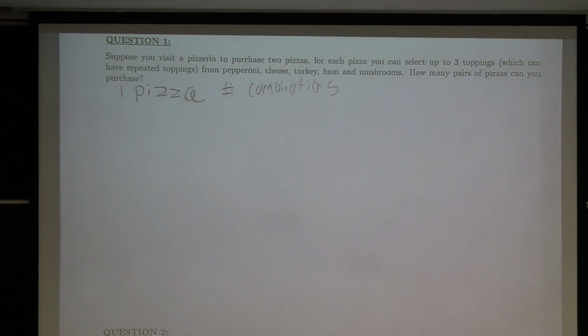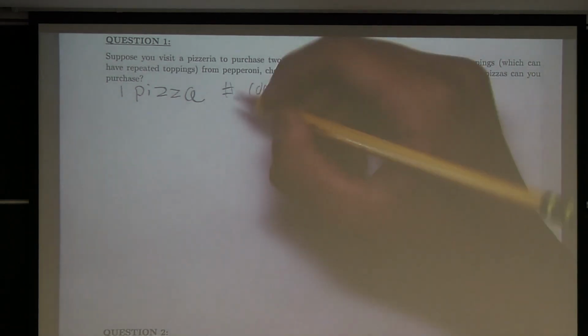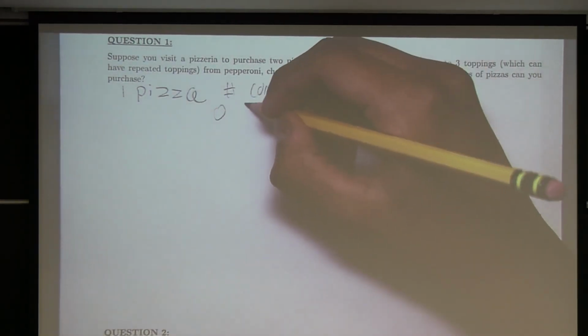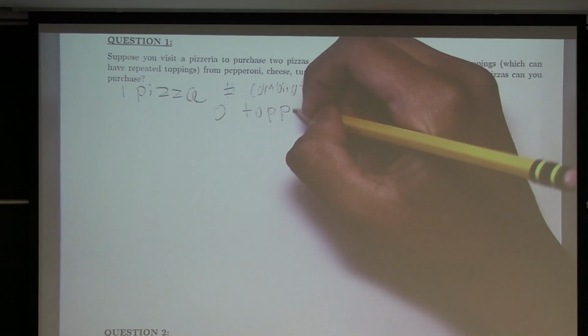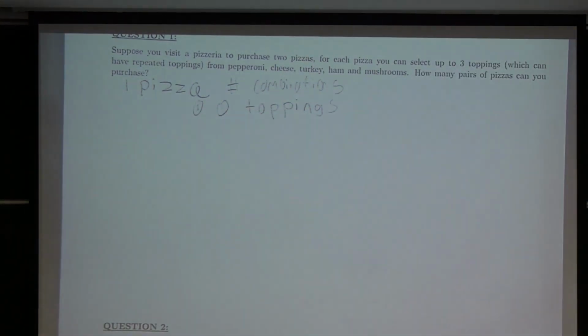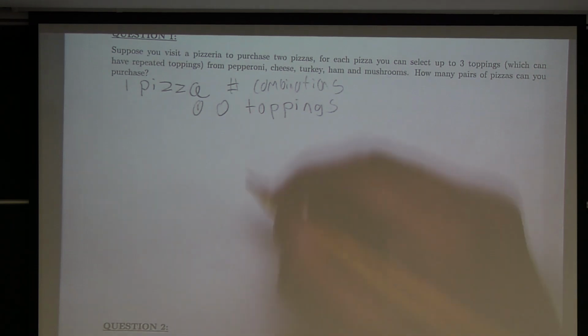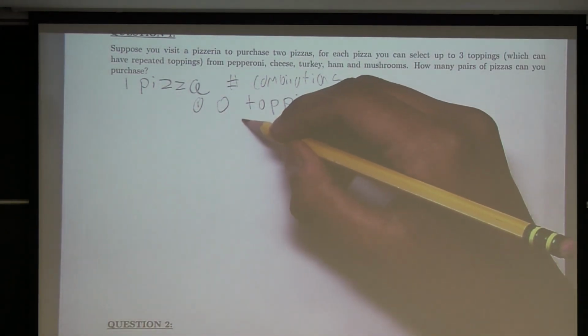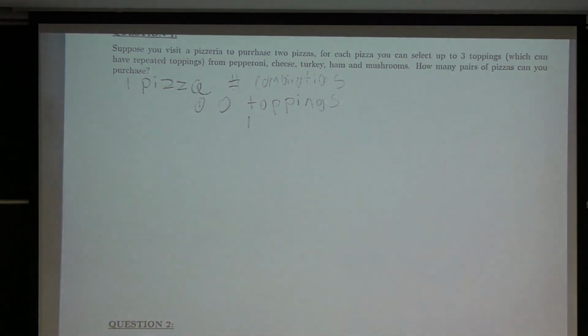So let's first do the easier scenario, 0 toppings. In this case, there's only one possible combination, because 0 toppings is just one possible combination. So in total, there is one possible combination here.